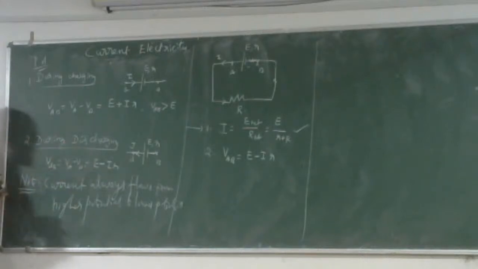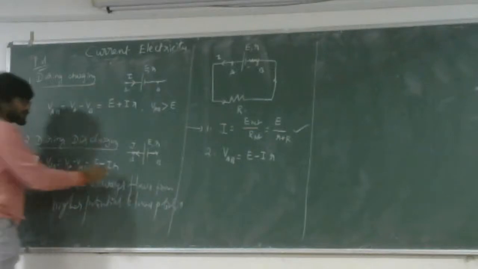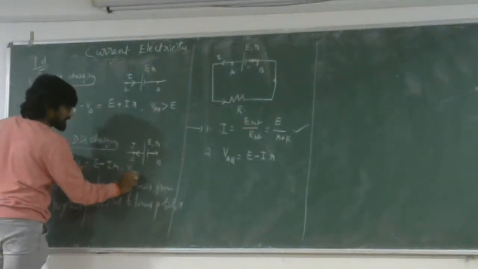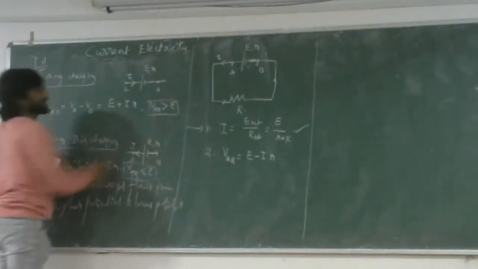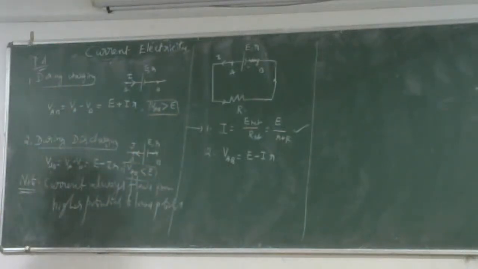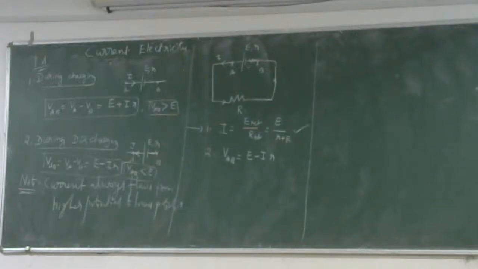E minus Ir: E will have some value, minus something, so it will be less than E. So you can say the terminal potential will be less than E, whereas earlier it was greater than E. Based on these theory points, conceptual questions will sometimes come. These two relations are very important. Based on this, direct questions will also come. Okay? Right.